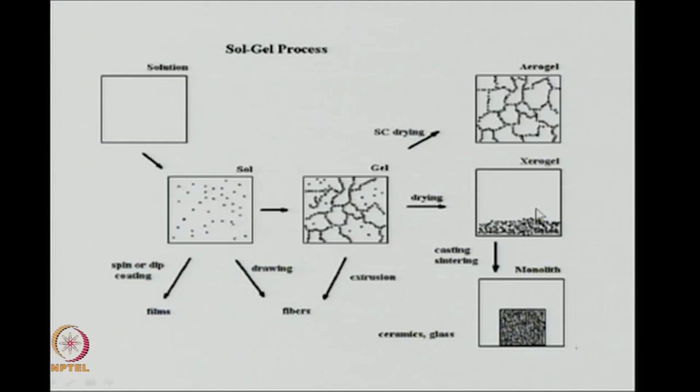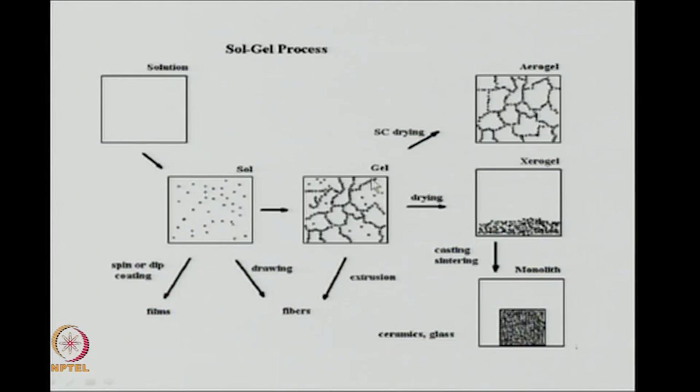If you take this xerogel and heat it at high temperature, that means sintering it, you will get a monolithic structure, which you can use like a ceramic or a glass monolith. They can be made like this. You can make fibers not only by drawing from the sol, you can also draw fibers by extruding from the gel.